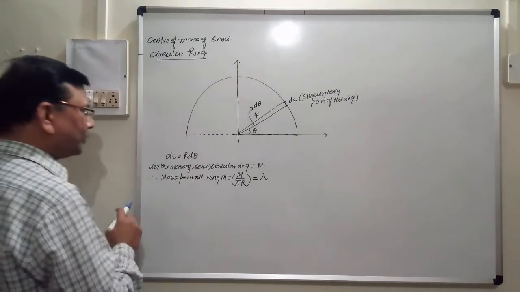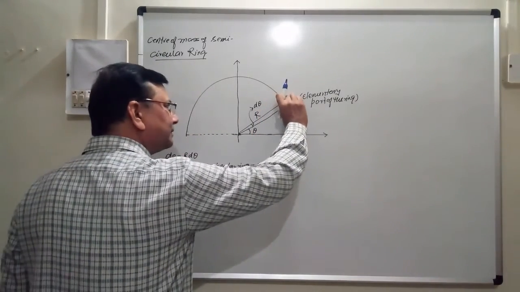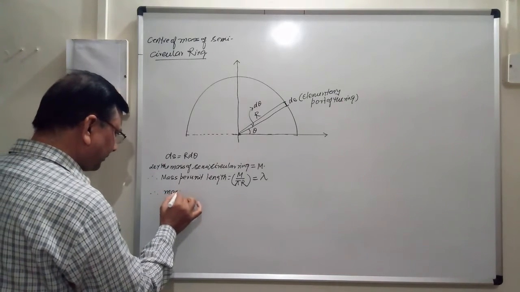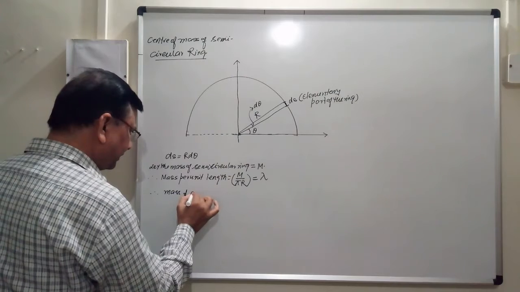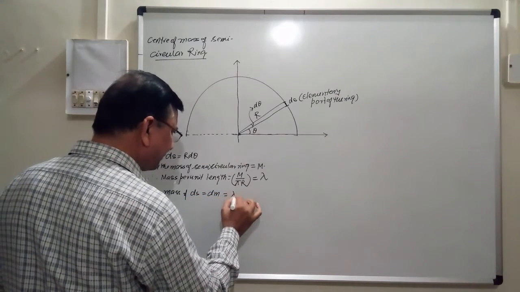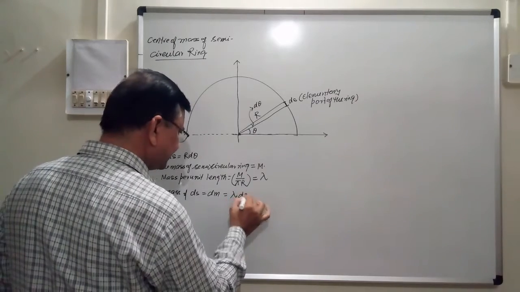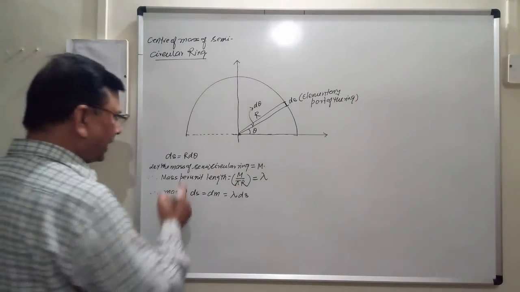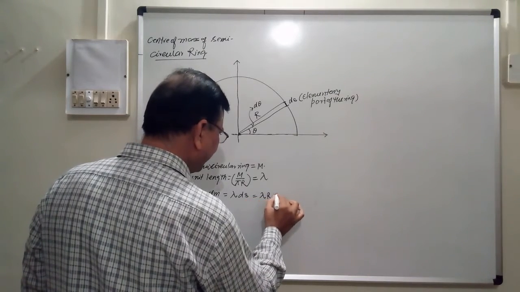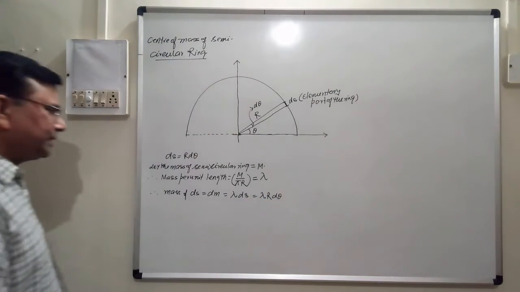So the mass of ds, that is dm, is equal to lambda ds, right? And ds is r d theta, therefore dm is lambda r d theta. So this is the mass.